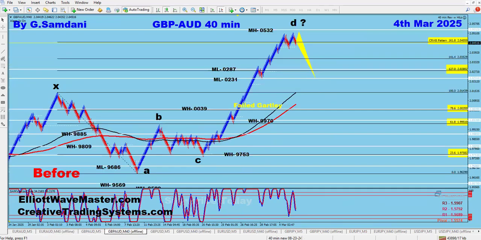And pound Aussie, for example, this is a harmonic pattern. I've been trading from here, long, all the way to the upside. So many trades I took, and now I'm saying that the Aussie news will send it to the downside. So these are my 40-minute charts, right? And this is where I have a harmonic pattern, Elliott wave, and SNR levels.